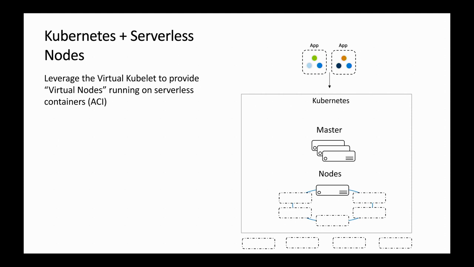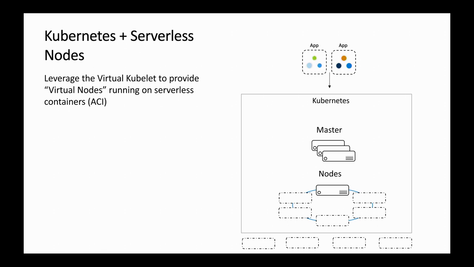But if I got a massive amount of traffic, like what I was just showing in the last demo, it will continue to scale out onto serverless containers. These run on Azure Container Instances, which is a separate service. It will spin them up on demand, run your container in them, and once the load has decreased, it will get rid of them. And you only pay for these virtual nodes when they're actually allocated to your cluster.